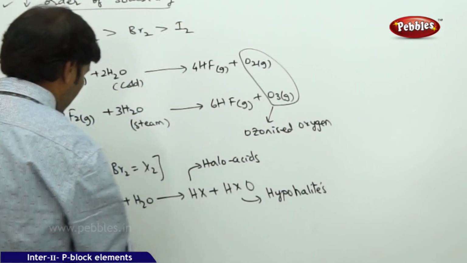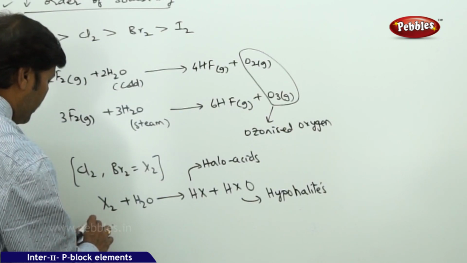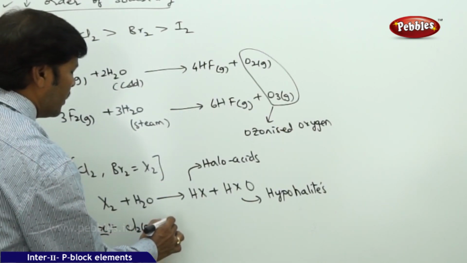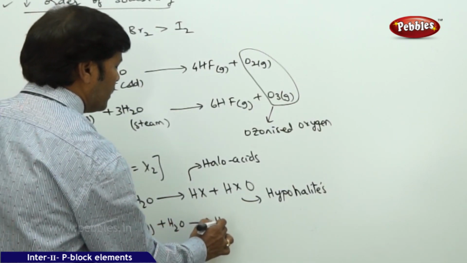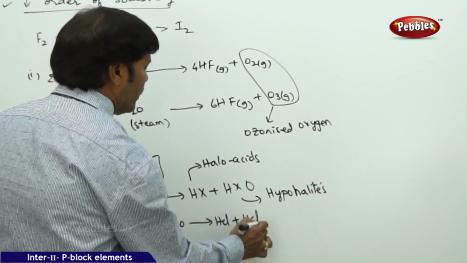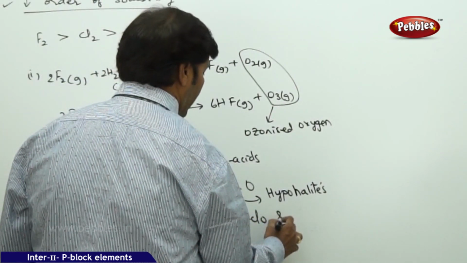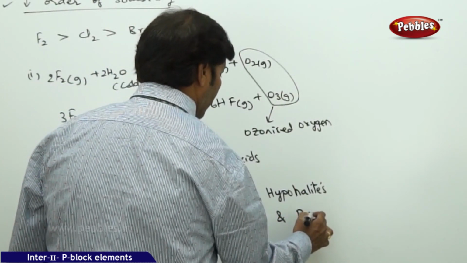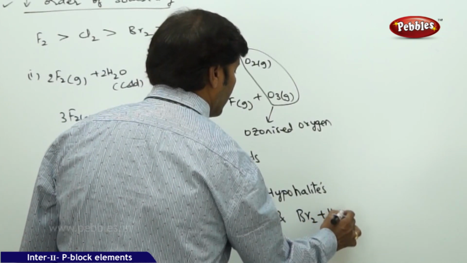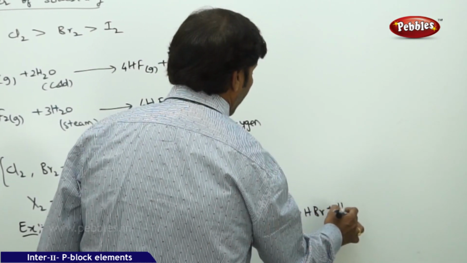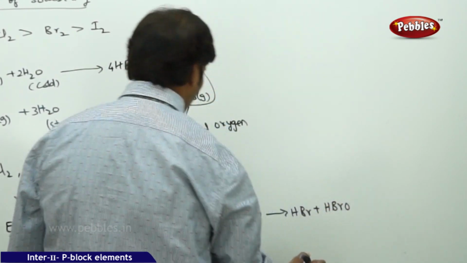For example, chlorine gas when it reacts with water forms HCl plus HClO. Similarly, bromine, Br2 plus H2O, gives rise to HBr plus HBrO, hypobromous acid.